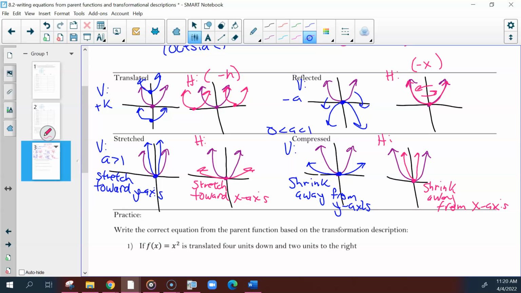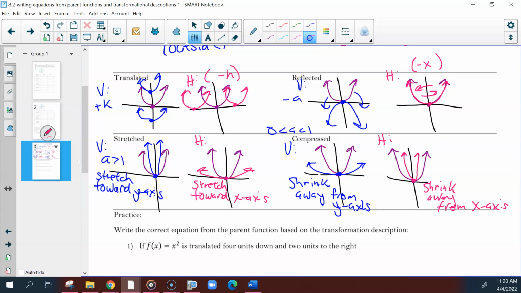Stretching towards the y or x-axis, shrinking away from the x or y-axis. And then we talked about this at the beginning, but all of your vertical transformations would be something that happens outside, so outside, outside, outside, outside. All of your horizontal would be something that happens inside.